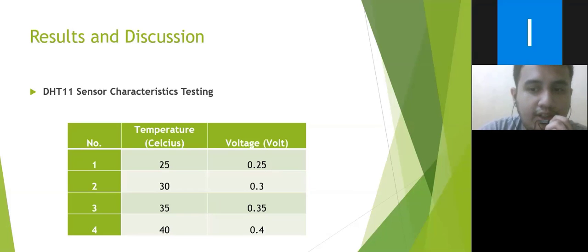The voltage results obtained are as in the following table. From the table, it can be concluded that the output voltage generated by the sensor increased by 50 microwatt for every 5 degrees Celsius temperature increase.